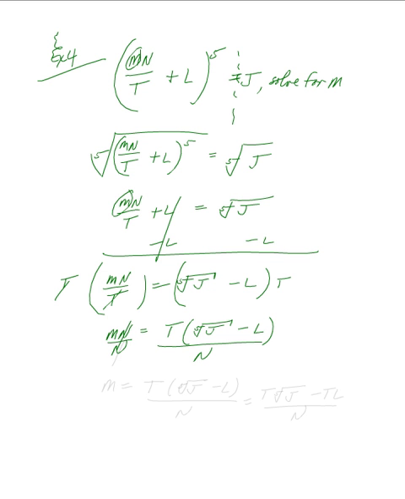So now that cancels these out. And m is equal to t times the 5th root of j, then minus L over n. And some people might write this as t times the 5th root of j minus tL over n. Just a different form, whichever one you want to use.